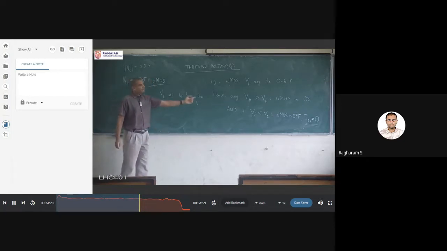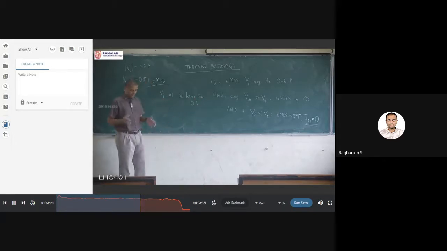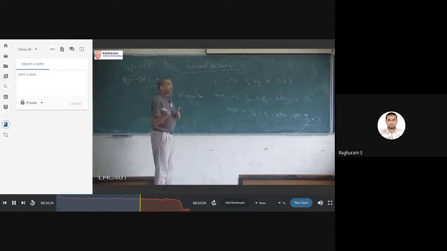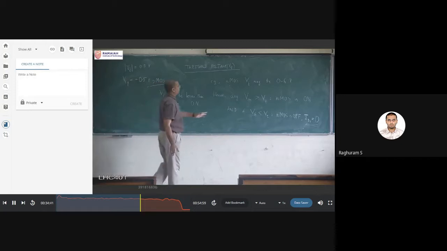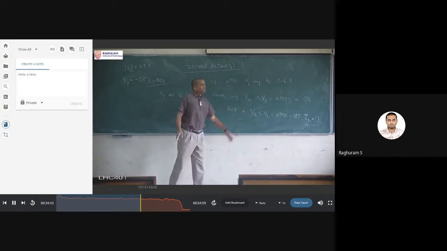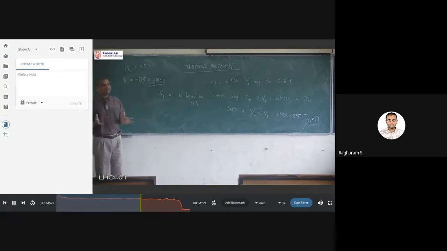Then the condition: when is it on, when is it off? Again, I will mention this a few more times as long as we are doing current calculation. We have two types of devices, and NMOS is easier for us to understand because it is a positive voltage device, meaning the gate voltage has to be greater than 0 to attract electrons, and it's similar to metals in that way.